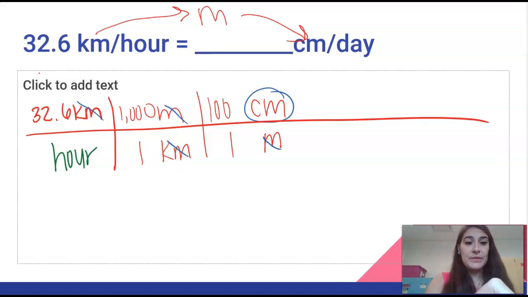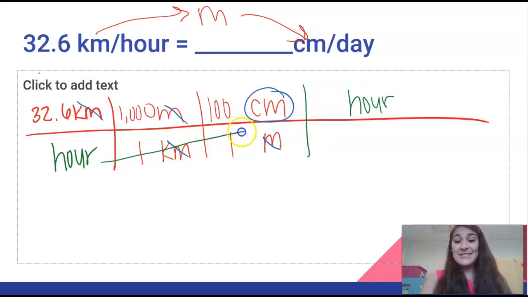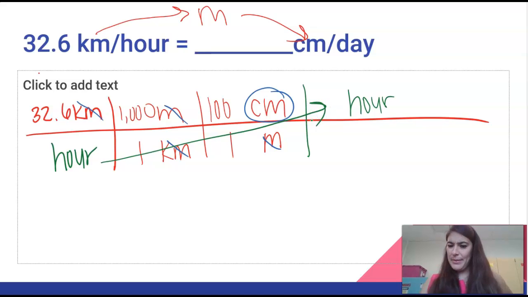So this is where we start bringing in the other unit. Like I said, the philosophy of canceling on the diagonal is still true. The fact that I have an hour down here at the bottom means I'm going to cancel it on the diagonal. That's still the diagonal, friends, it's just the diagonal up. Then I want to take a beat and think about what unit I am trying to get to.